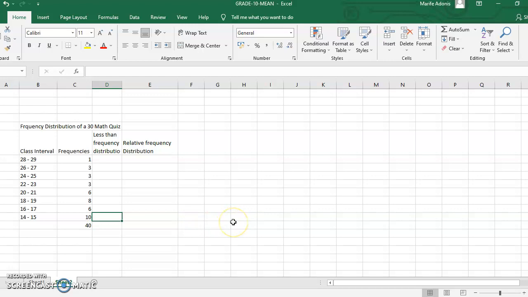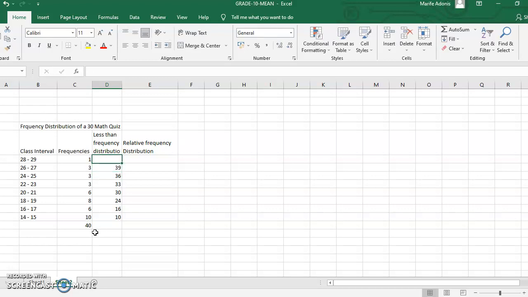So, let's start from the less than frequency distribution. Okay, so, dito tayo sa baba. So, we have 10. 10 plus 6 equals 16. 16 plus 8 is equals to 24. 24 plus 6 is 30. 30 plus 3 is 33. 33 plus 3 is 36. 36 plus 3, 39.